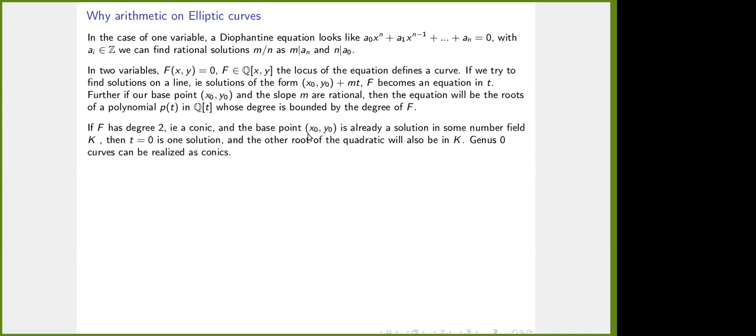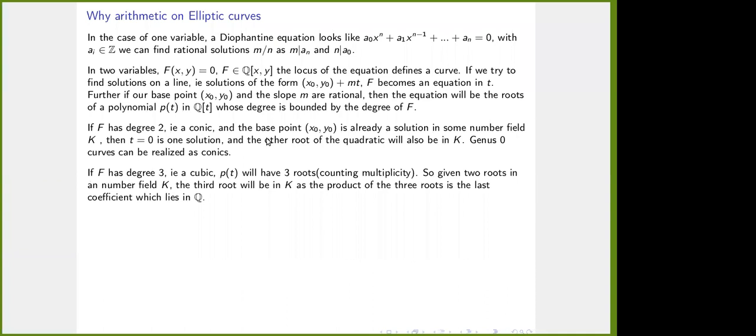If f has degree 2, you have a conic, and the conic solutions can be parameterized: if you start with one given point in some number field, the other points can all be obtained by taking lines with slopes in k. And if f has degree 3, this is the case that we're interested in.